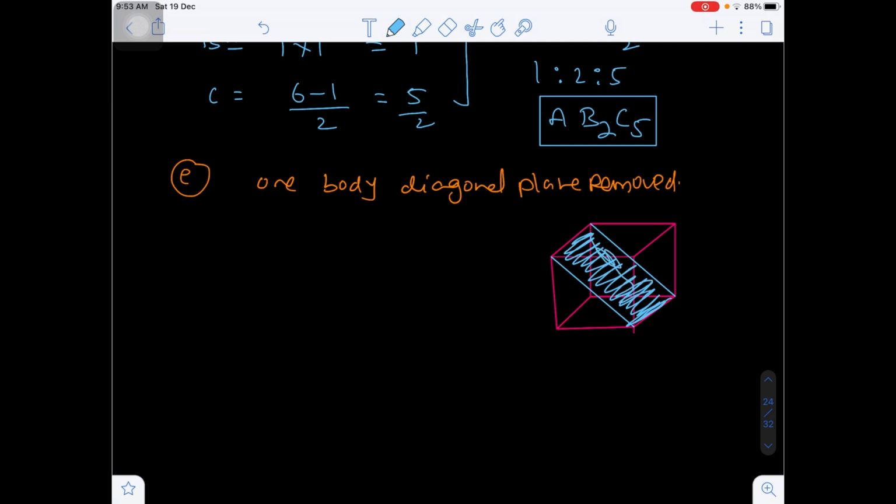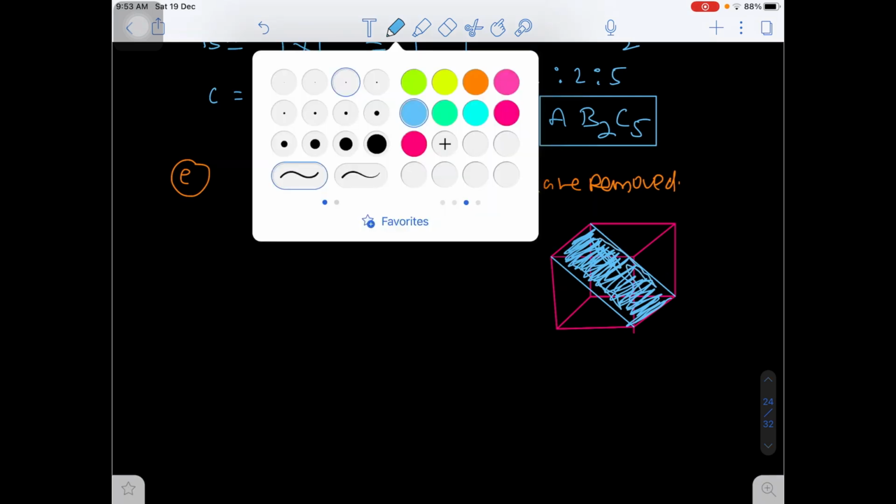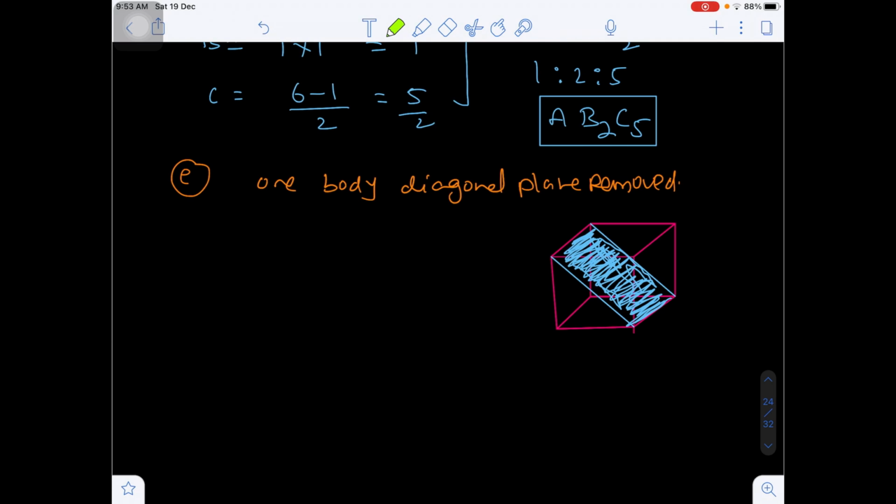Now what are the constituent particles present in the body diagonal plane? We are removing 4 corner particles, and the center of the body is also removed.